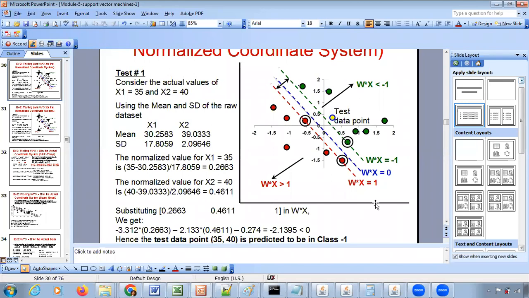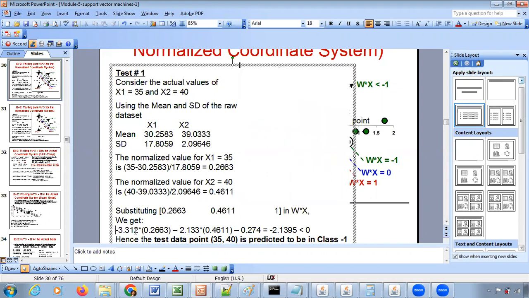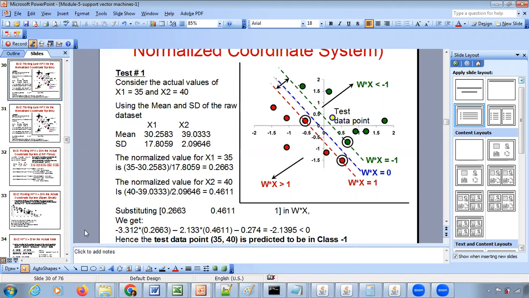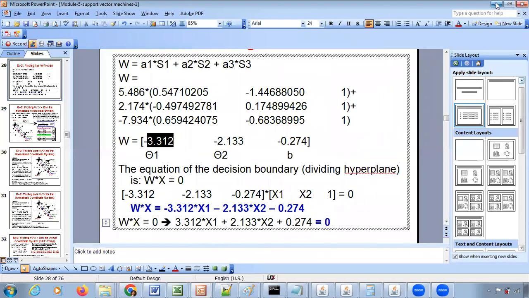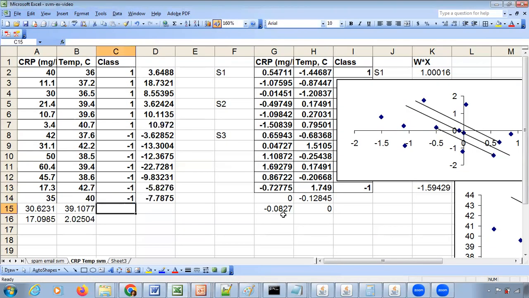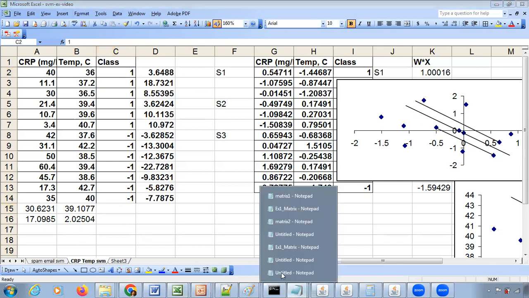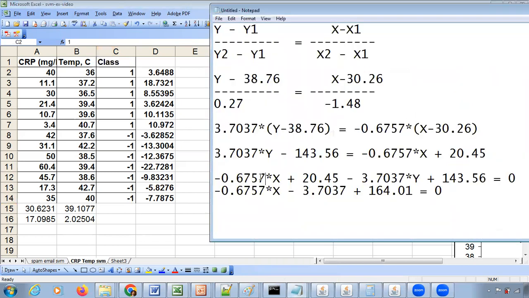So in the normalized coordinate system, we didn't have any confusion like what we just had, because we just used theta x or wx as it is. That's why I again emphasize here, just use the sign that we find for theta in the normalized coordinate system. In the raw coordinate system, we didn't find the theta. We just went through an indirect approach. So that's why we have to play either way until we get the sign we want. But the coefficients still have to be the same.